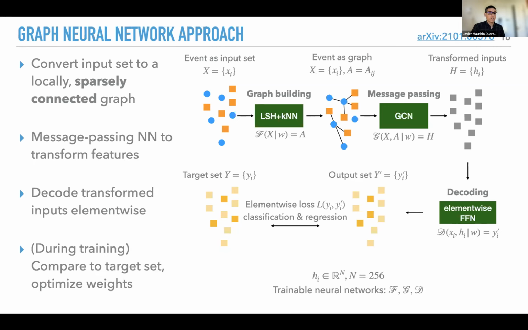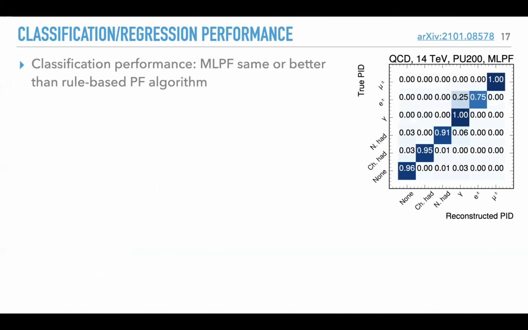But the edges here are constructed through this k nearest neighbors. Essentially, we're just choosing the nearest neighbors in either the geometrical space or some latent space. I think here it's a latent space. Okay, thank you. Sure.